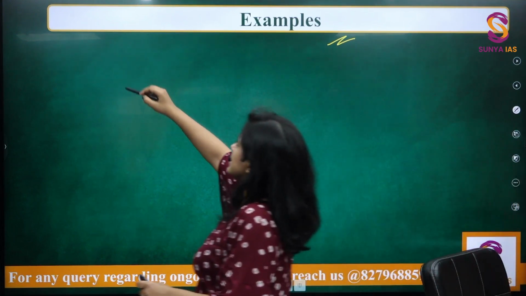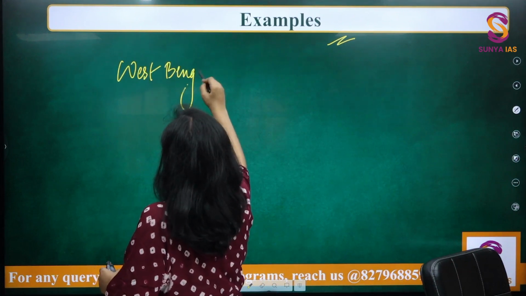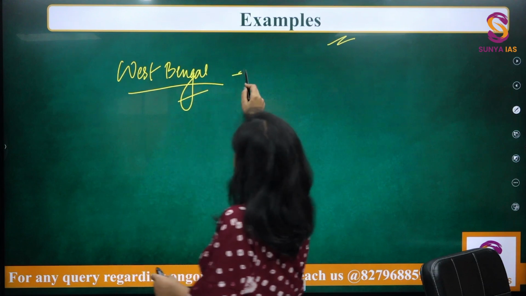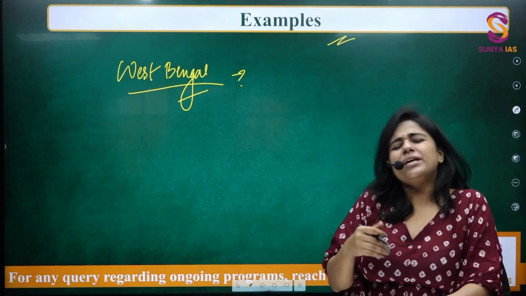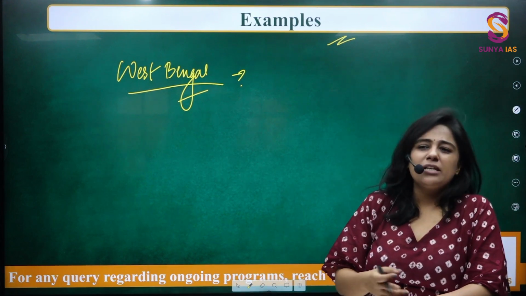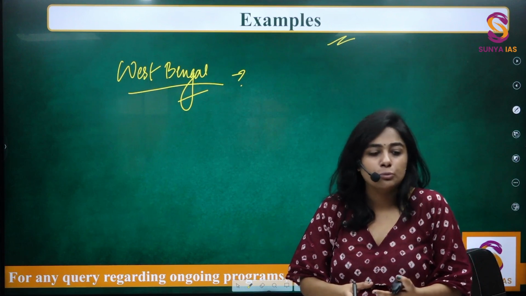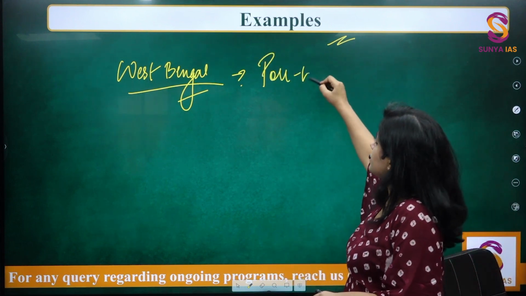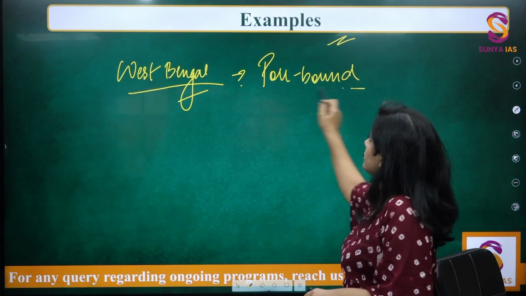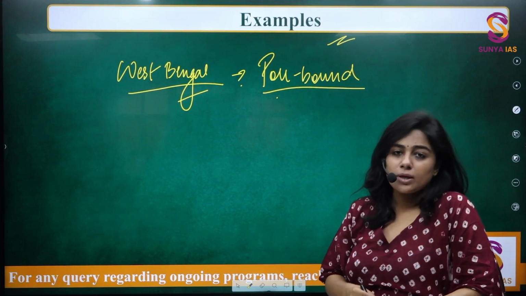So recently in West Bengal, instances of defection were seen. Now you can write the name of the political party, you may not write the name of the political party, that is up to you. But West Bengal, when this was happening, was poll bound. It was basically up to an election.